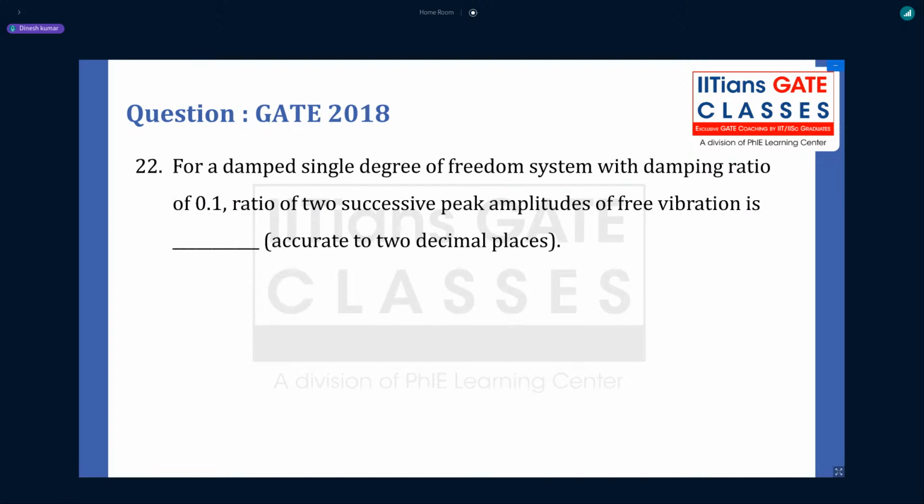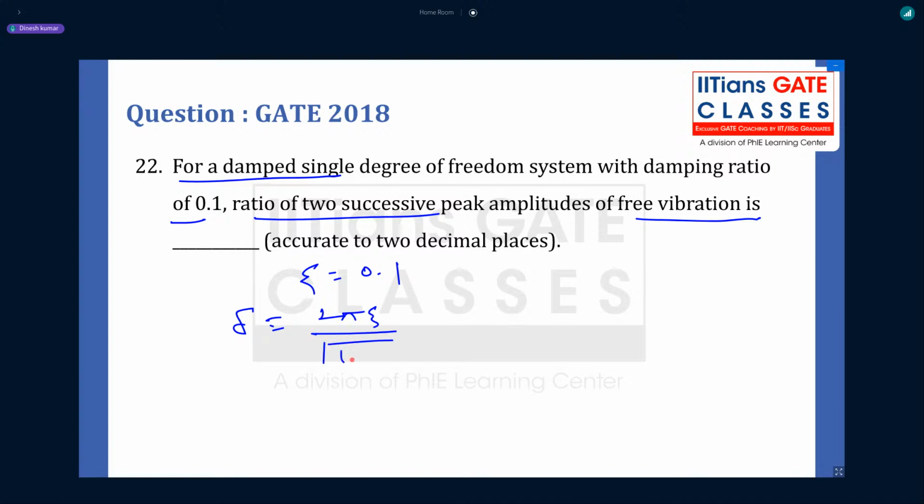What it says: for a damped single degree of freedom system with a damping ratio of 0.1, the ratio of two successive peak amplitudes of free vibration is? So guys, they gave the damping ratio zeta equal to 0.1. Now we know the logarithmic decrement delta is 2 pi zeta over the square root of 1 minus zeta square, or approximately 2 pi zeta, which is the ln of the ratio of two successive amplitudes, so ln of x1 by x2.